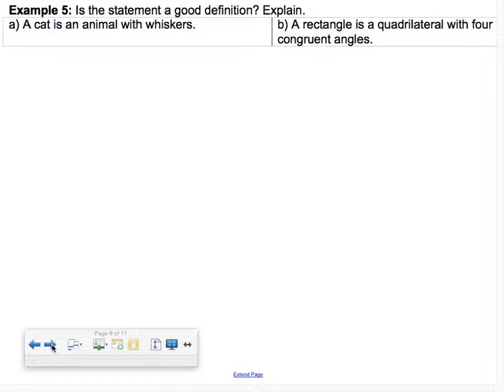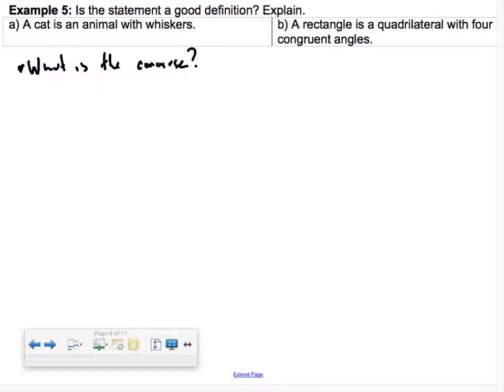Next example. Is this a good definition? Explain. We've got: a cat is an animal with whiskers. So we have to think about what the converse is. A cat is an animal with whiskers, so if it's a cat, then it has whiskers.